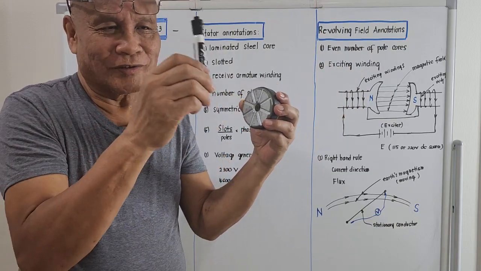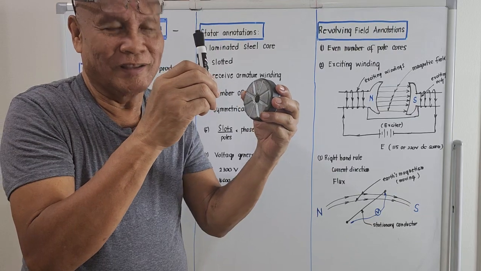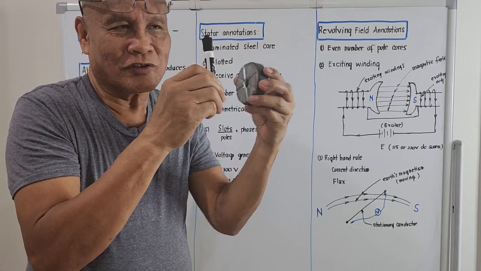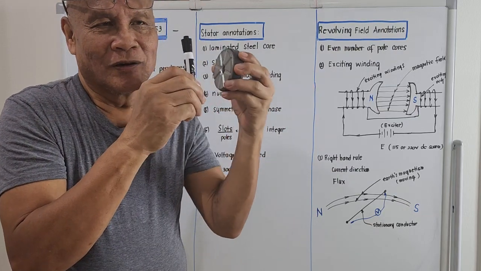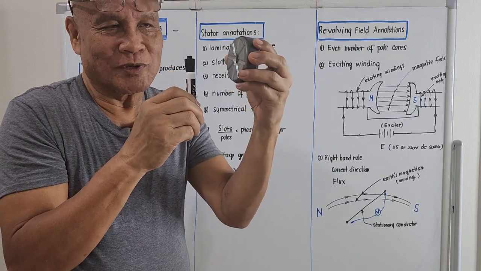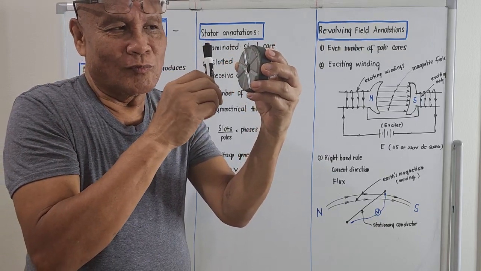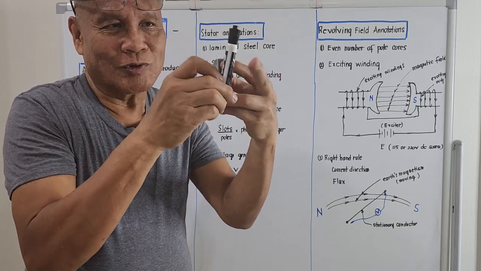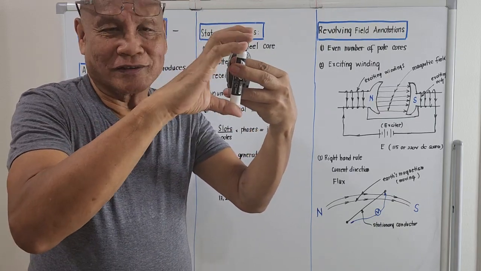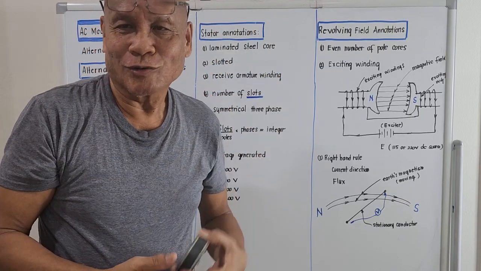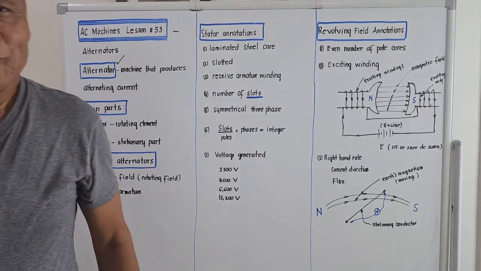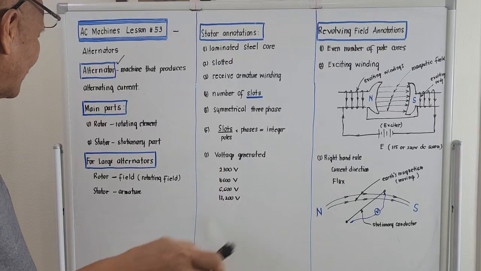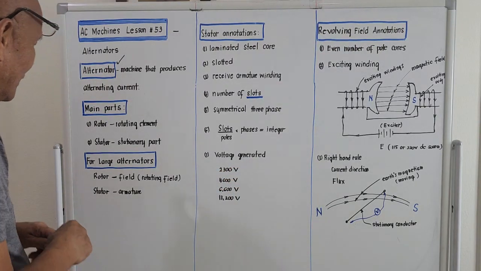Either the conductor is stationary and the magnetic field is the one moving, or the magnetism is stationary, then we move this conductor across the magnetism to produce a voltage across it. Okay, that's alternator.